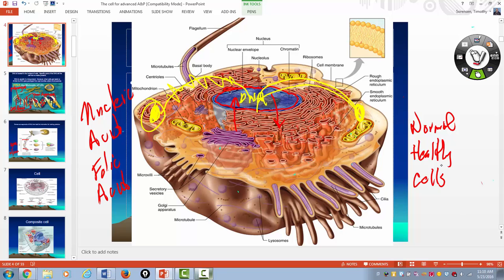Also, these drugs themselves, these things are toxic. Here's the other thing. Some cancers are hormone sensitive, meaning there are actual receptors on the cell membrane of these cancer cells, and these hormones will actually make the cancer worse.